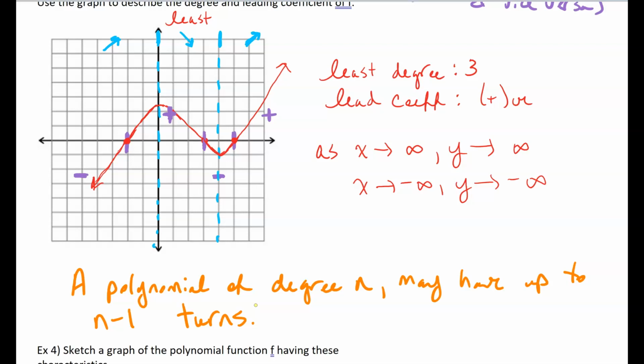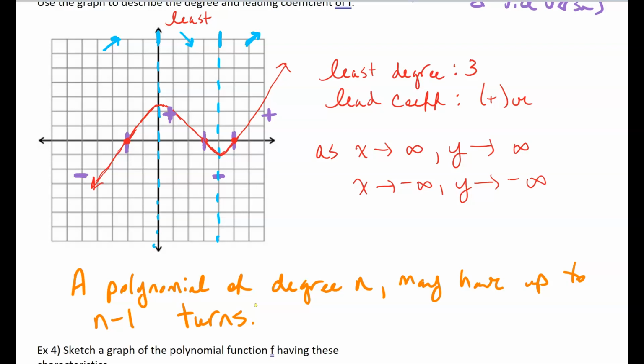So if you think about a quadratic, which is a parabola, how many turns does a parabola have? 1, because the degree is 2. Can a parabola have 2 turns in it? No. So that's what we're saying. The degree will tell you the maximum number of turns.